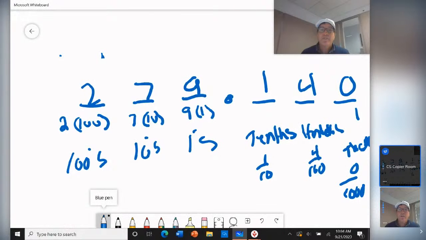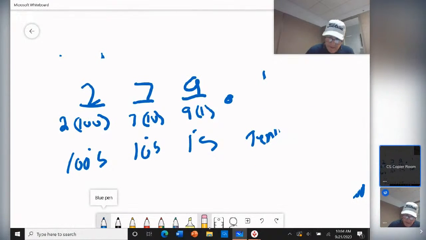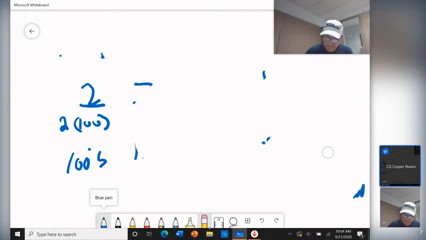Okay, so part of this is important because we're going to get into rounding eventually. And I think it's important to know what each place value represents. So let's just do a practice rounding here. And there's a rule for rounding.